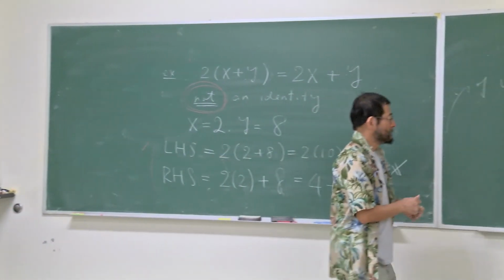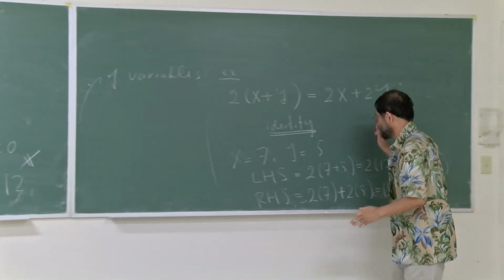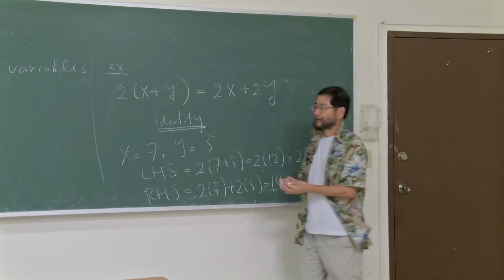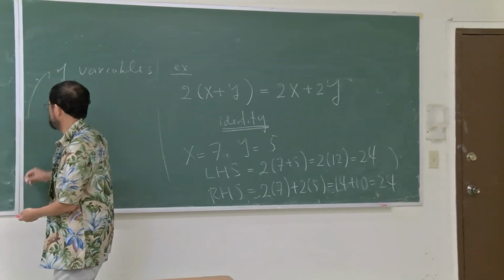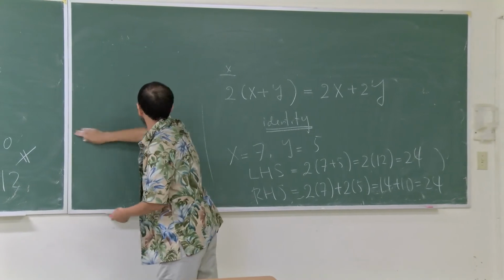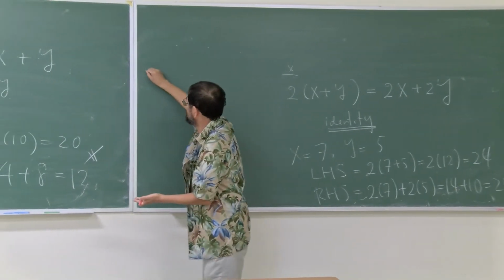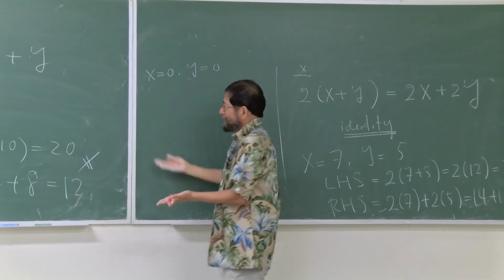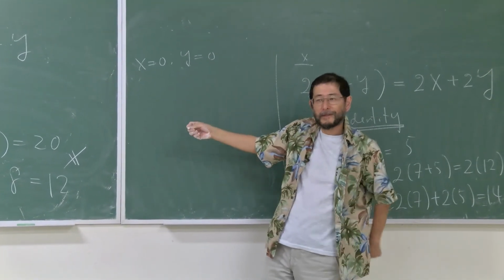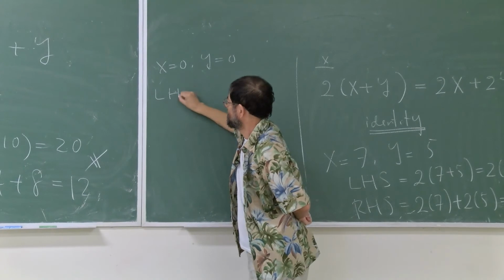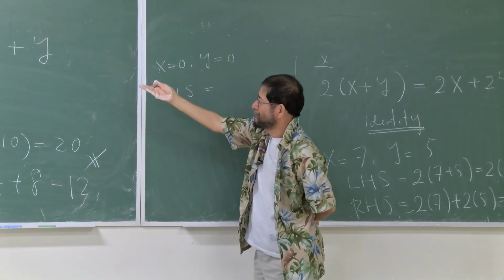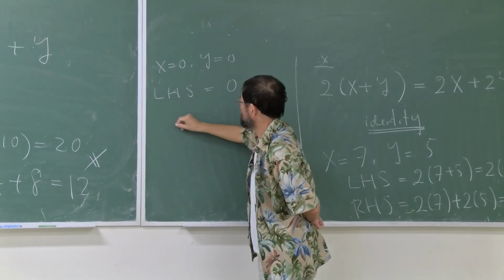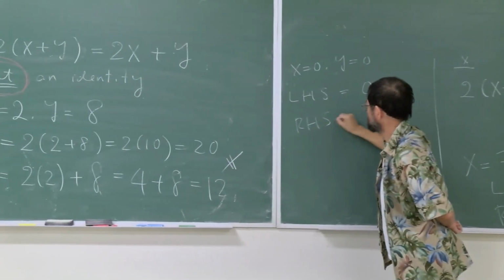But to say yes, one example is not enough. Okay? So for example, what's a good example? Say, if you give me x is 0 and y is 0, then you compute both of them, and you see that the left hand side is 0 and the right hand side is 0.